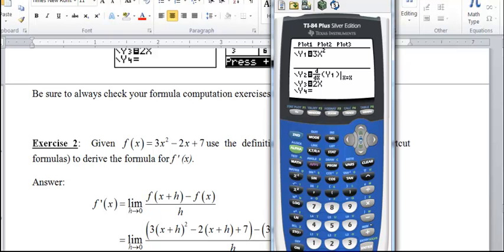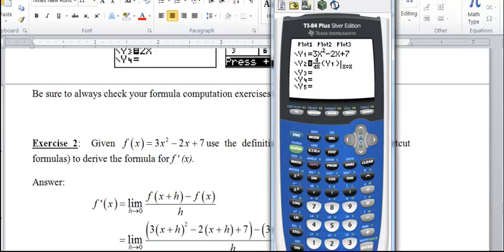There we go. 3x squared minus 2x plus 7. And leave that the same, and then y2 is set up the same. In fact, we can toggle off y1 so it won't show up in our table, so we don't accidentally try to compare y1 and y2. We're only going to show y2 and y3.